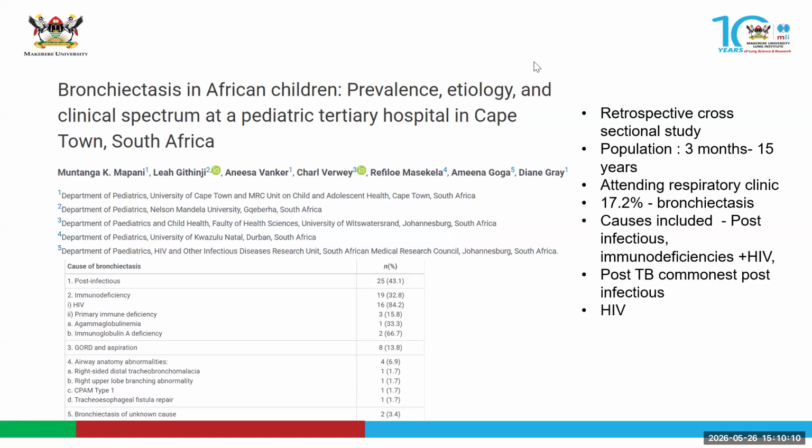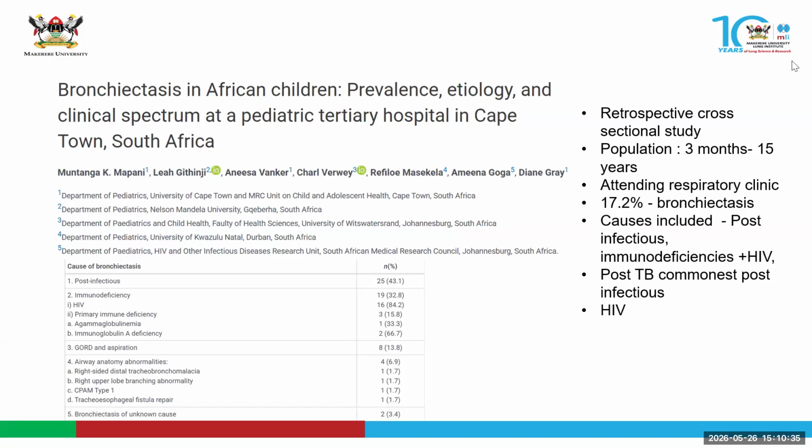This was a retrospective study in Cape Town, South Africa, looking at a pediatric population from 3 months to 15 years. From the findings, 17.2% of these patients had bronchiectasis, diagnosed, remember, by a CT scan.